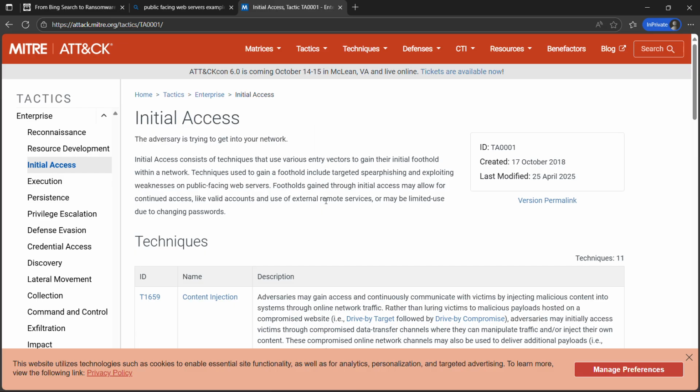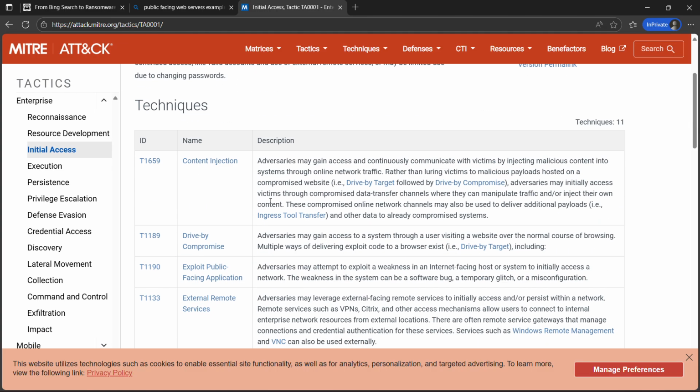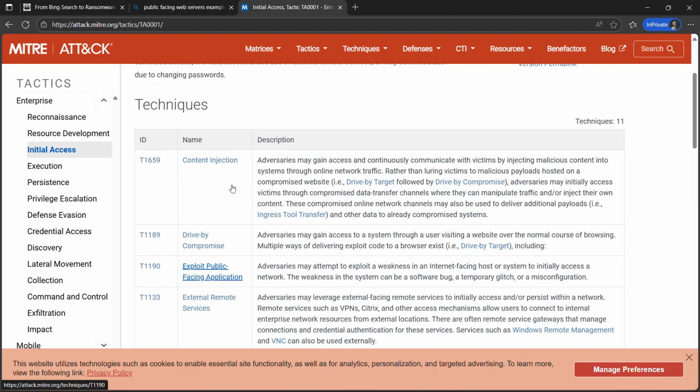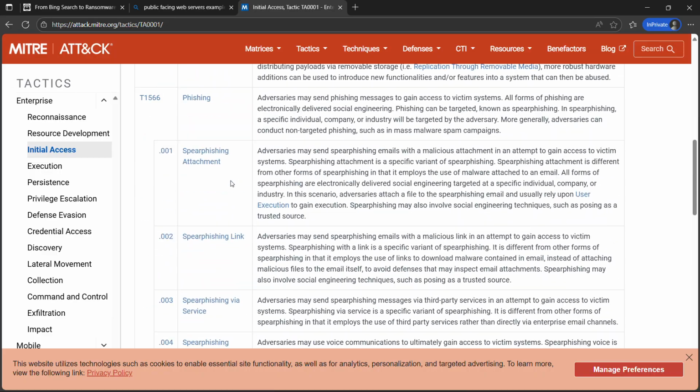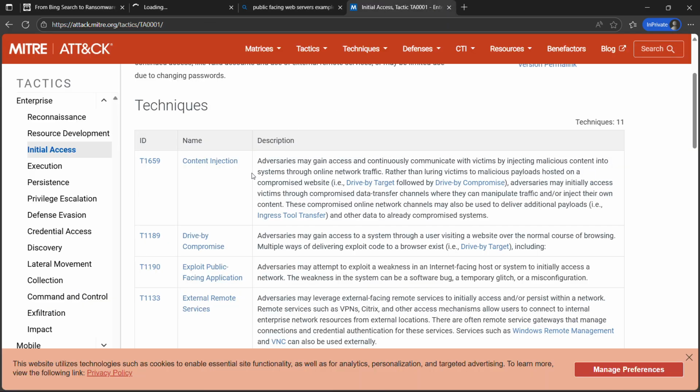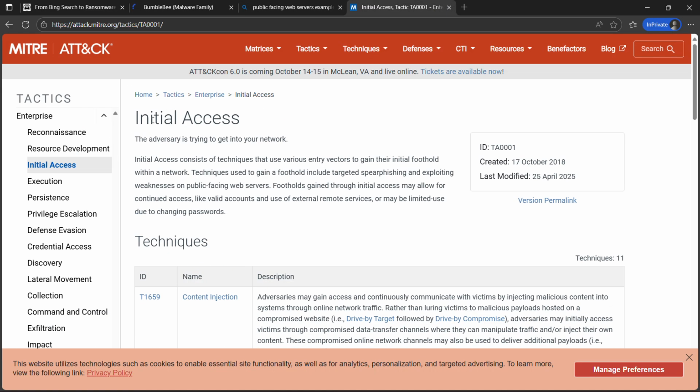Footholds gained through initial access may allow for continued access, like valid accounts and use of external remote services, or may be limited use due to changing password techniques. Let's see. So Bumblebee malware is a tool that is used for this initial access technique.